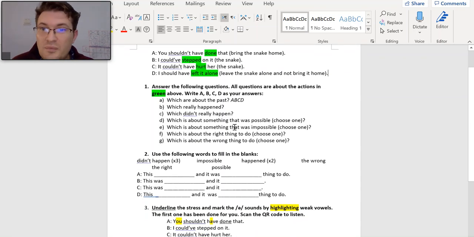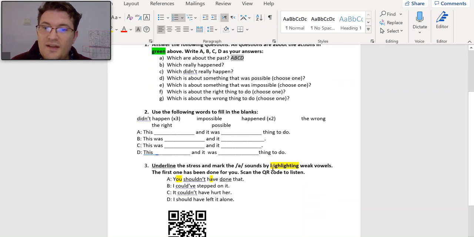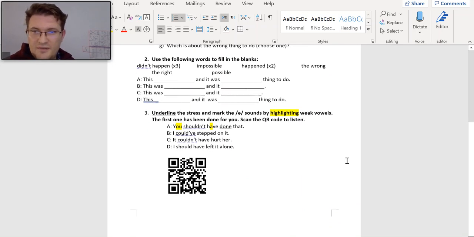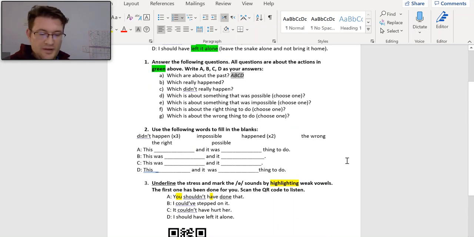And now everyone works on these sentences up here and they decide for sentences A, B, C, D, is it true? Which are about the past? All of them are. Okay, that's a model. Keep going. Then they fill that in, and at the bottom, two is about meaning, right? There's nothing about form on here.